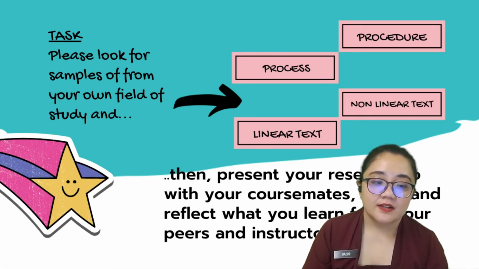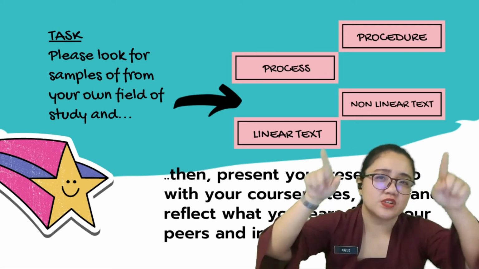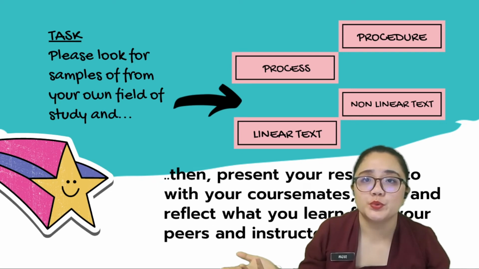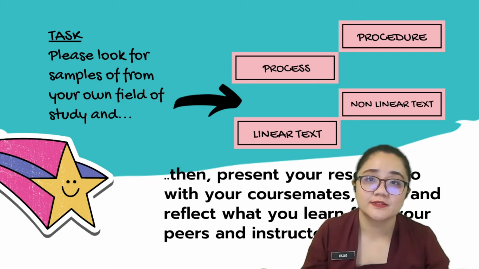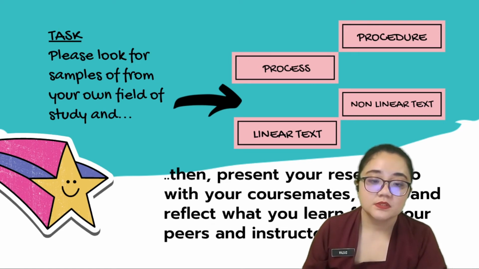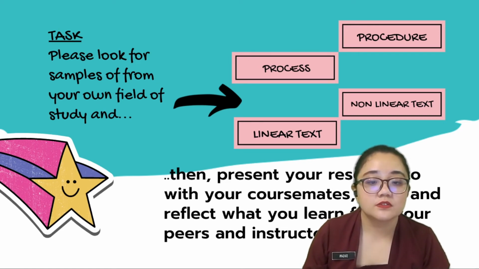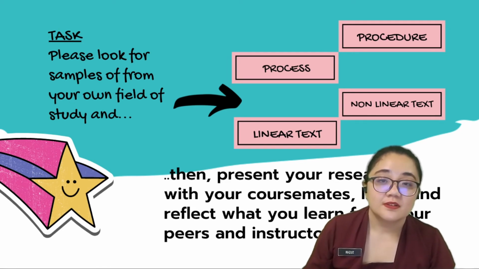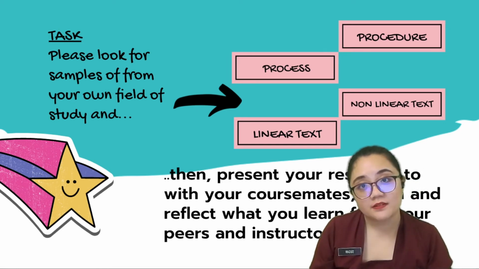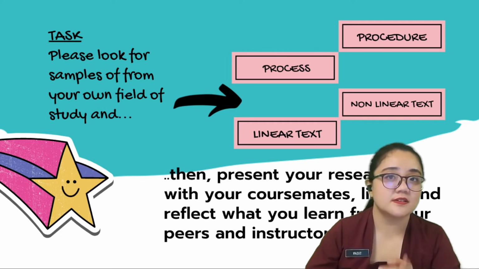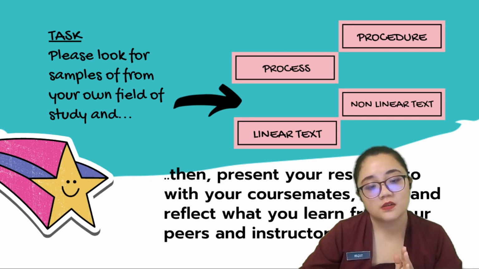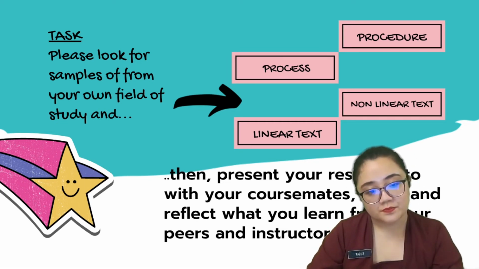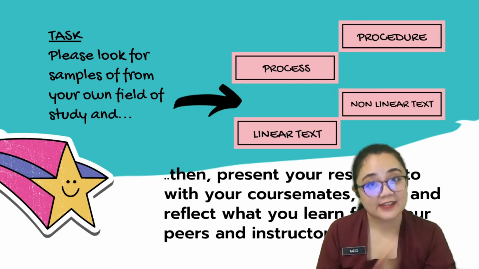If you cannot find the physical form, video will do. Video is a form of text. Then present your research to your classmates. Then get feedback and discuss. This is adult learning, 21st century learning. Discuss, get feedback, give feedback.